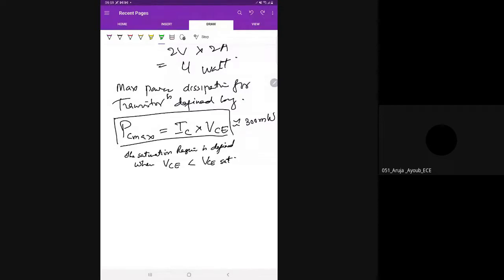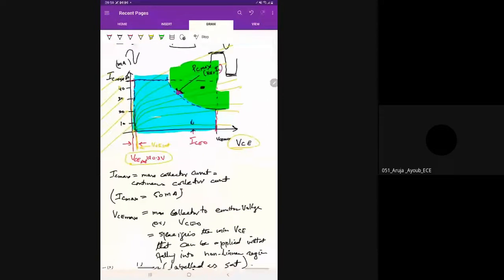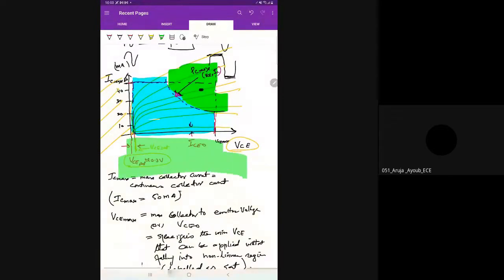The saturation region is defined when VCE is less than VCE saturation, and the cutoff region is defined when IC is less than ICEO. So what is the cutoff region? The cutoff region is this region. All of this region from the bottom is the cutoff region. So in the cutoff region, what is IC? This is the IC axis.